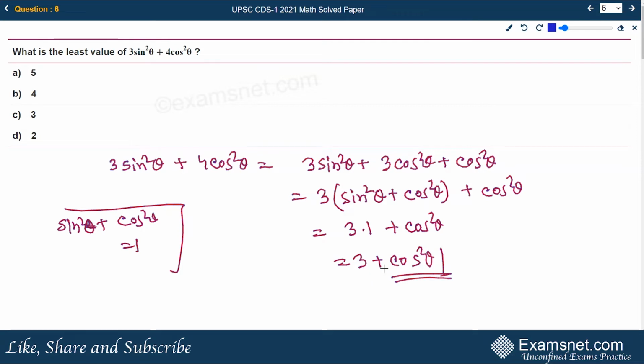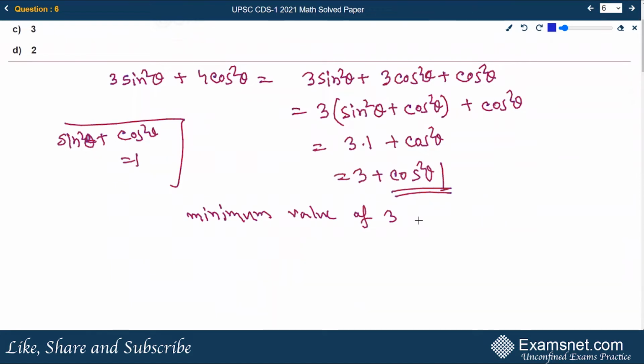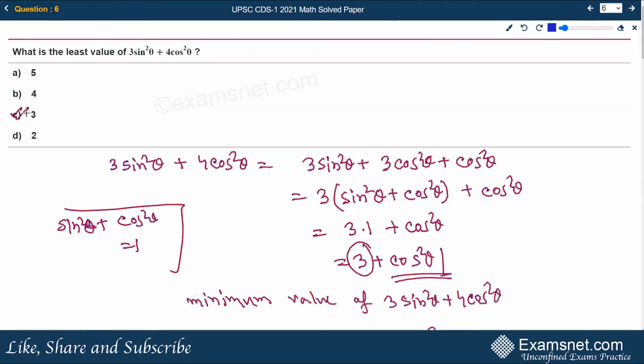So the least value, minimum, if it is 0, because cos squared theta will always give us positive value, we would get the least value if cos squared theta is 0. So minimum value of 3 sine squared theta plus 4 cos squared theta equals to only 3 will be there. If cos squared theta is 0, we will get only 3, and that is the possible least value. See here, option C is the correct answer.